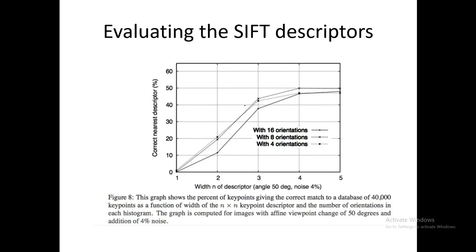The first is the number in the horizontal direction, which gives the width of the descriptor, the number of histograms used.